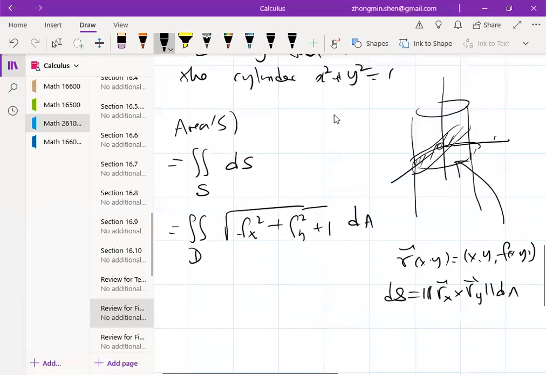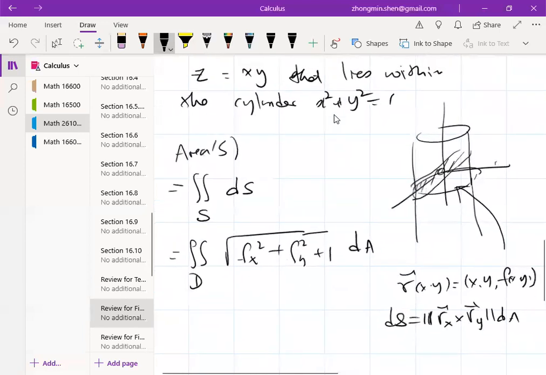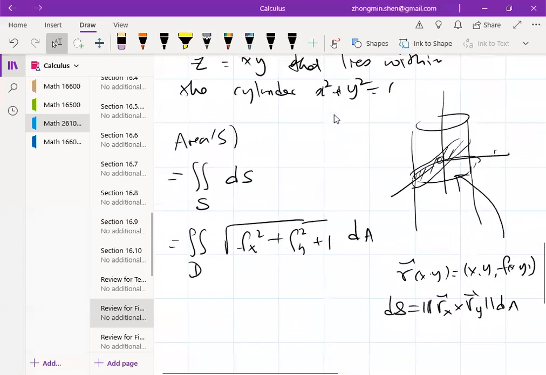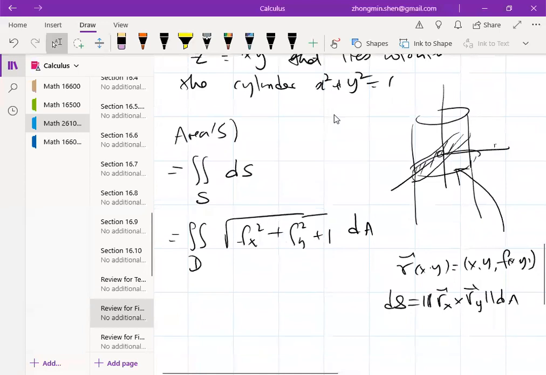That's the reason the cross product gives that. The reason I want to do that is because sometimes the graph is not given like z equals x times y. It could be y equals x times z, something like that. All right.